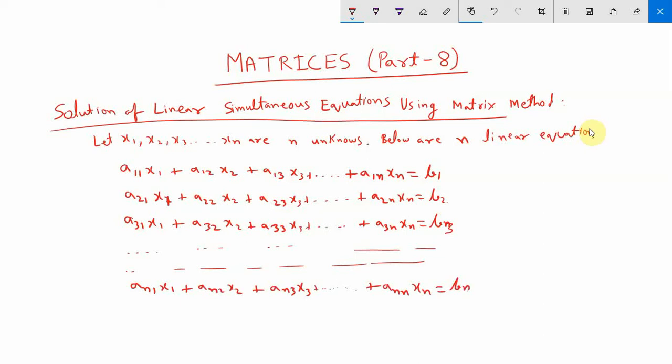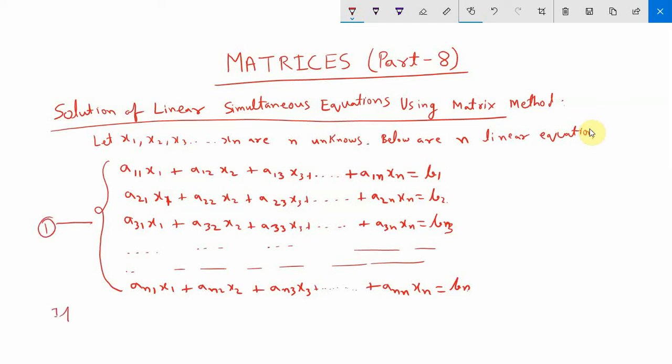Okay friends, so if these are the system of equations, let it be 1.